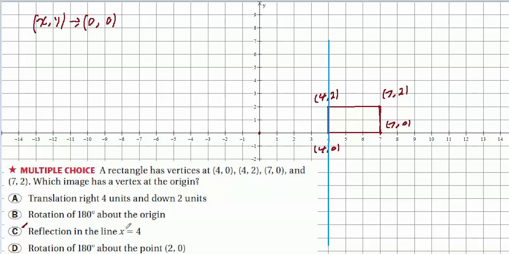Sometimes you have to check and see if you made a mistake or if the answer makes sense. But here, I don't see any reason to even check the next one, because we just found one, and that's all they asked for. And it was actually pretty easy. When you think about flipping this over, you know what a reflection is. If you were to hold a mirror right here, you would see an image of this.